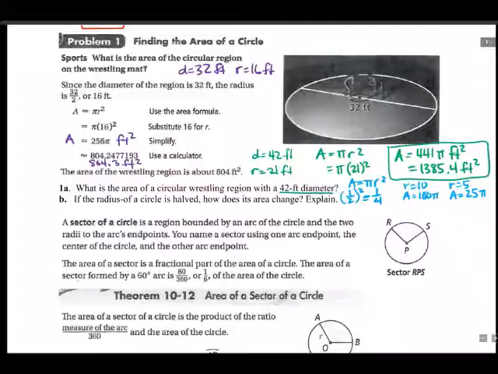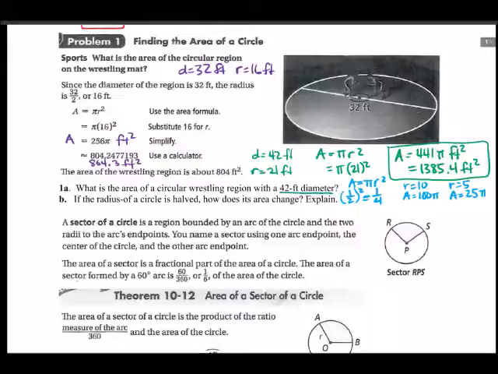So if we have a radius of 10, that would give us an area of 100 pi, whereas half that radius, a radius of 5, would give us an area of 25 pi. That's 1/4 as much. And we've seen this before in our ratios because area is squared.